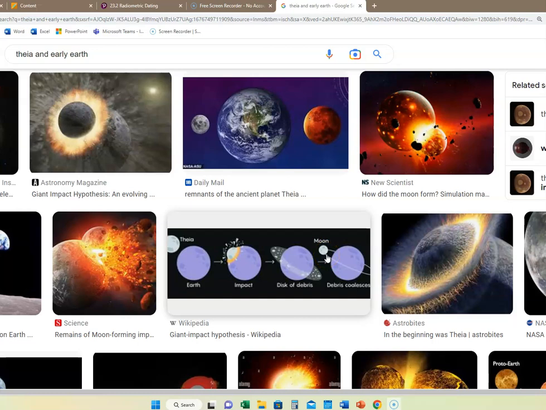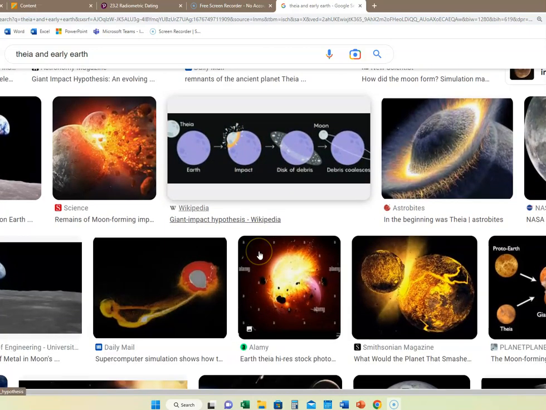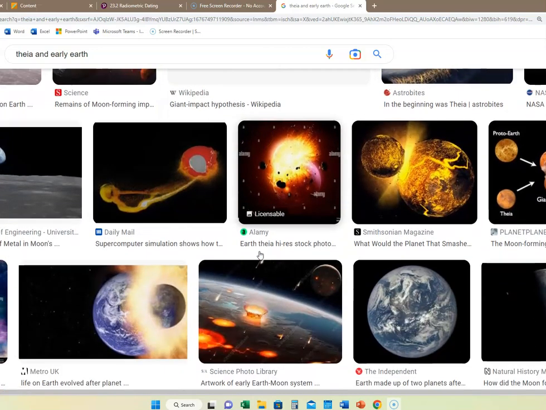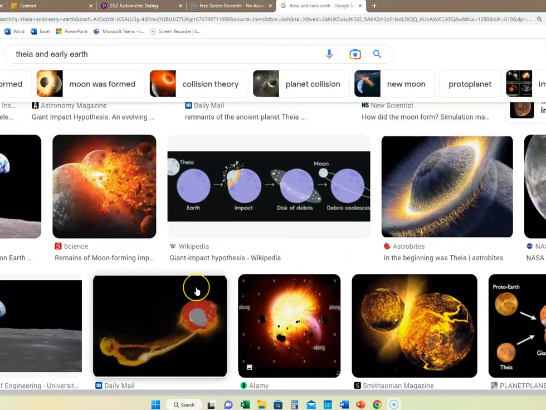And in fact, this idea was scorned at first. People didn't think that's how the moon was formed. But now more and more evidence has shown that this is indeed the situation. Here, let's see if there's any better pictures. So there's another picture that kind of shows it.